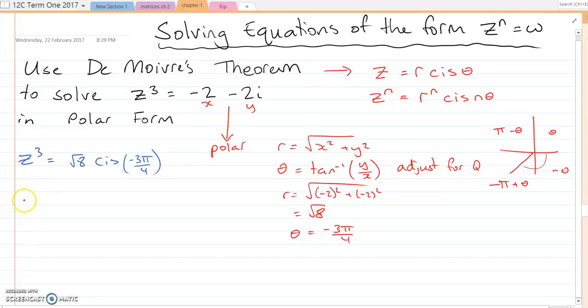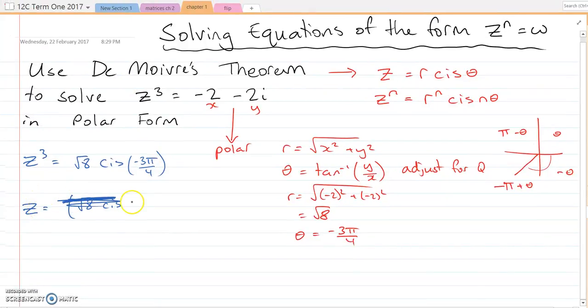So to solve for z, we have to take the 1/3 root of all of this, including negative 3 pi over 4.